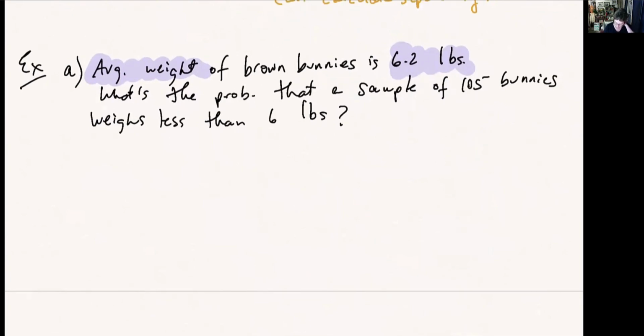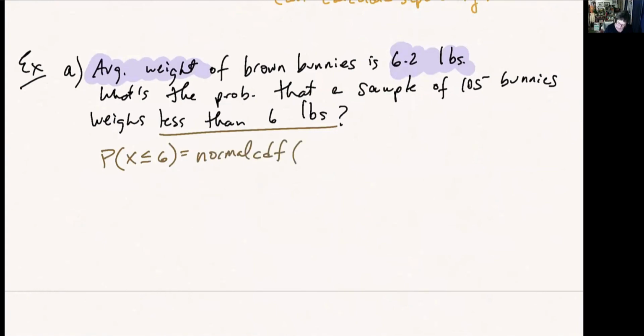So what I'm going to put in my calculator: less than 6 pounds, which means I'm finding the probability that X is less than or equal to 6. So I'm going to put in normal CDF. Remember, what I put in my calculator is min, max, mean, and now standard error, not standard deviation.